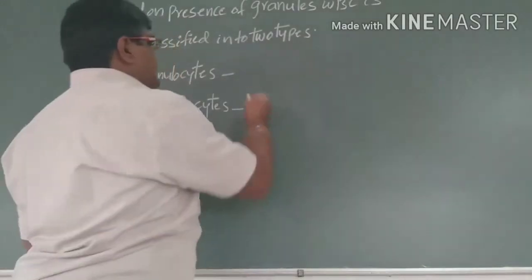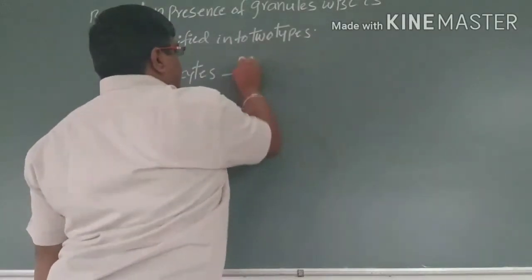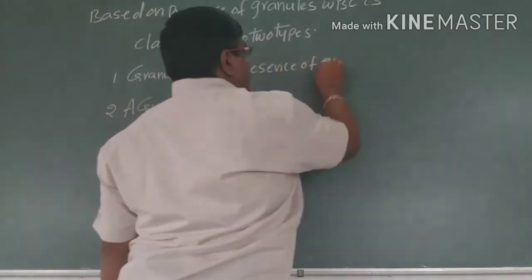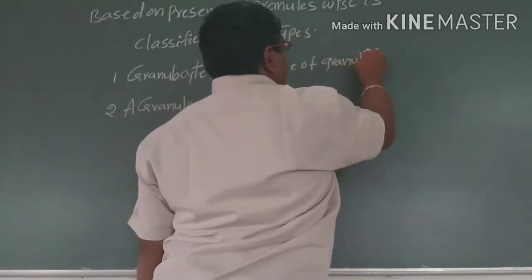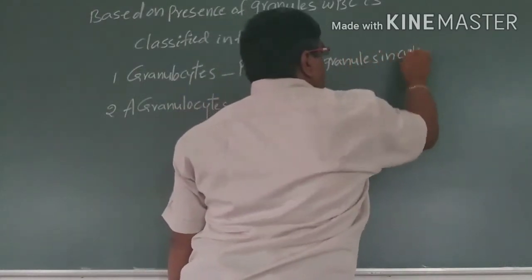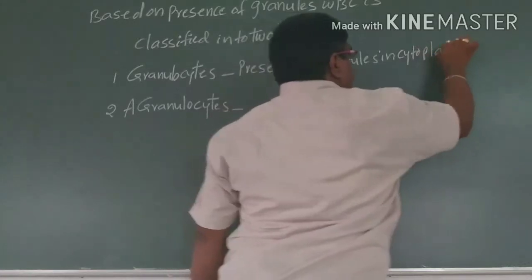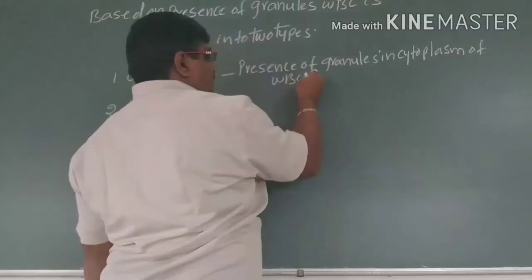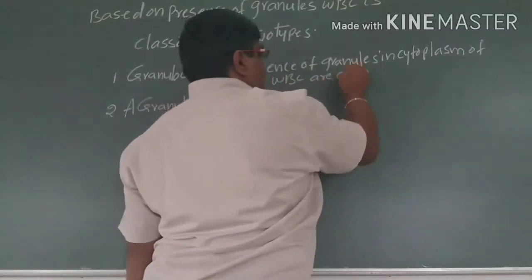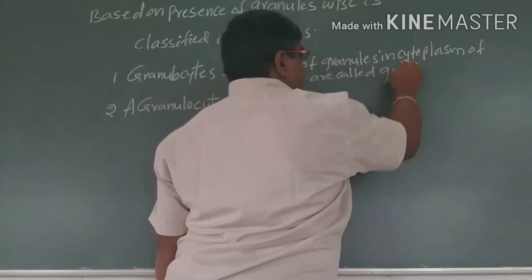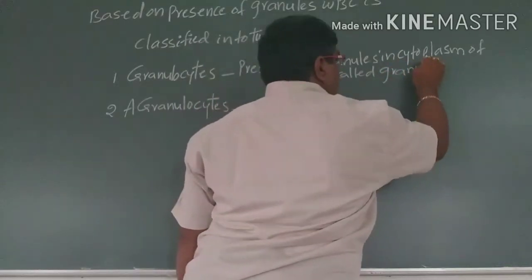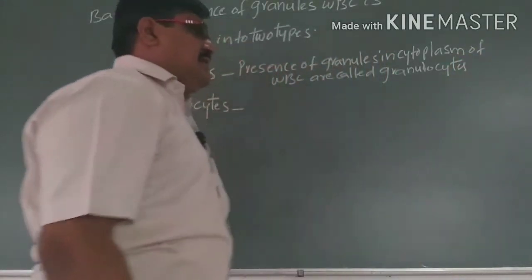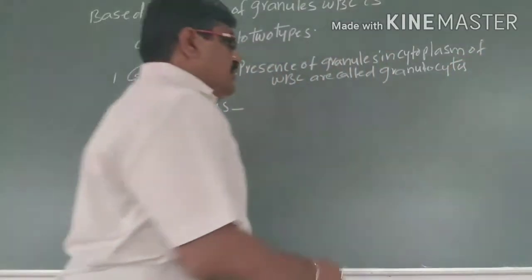The presence of granules in the cytoplasm of a WBC is called granulocytes. These granulocytes are classified into three types.